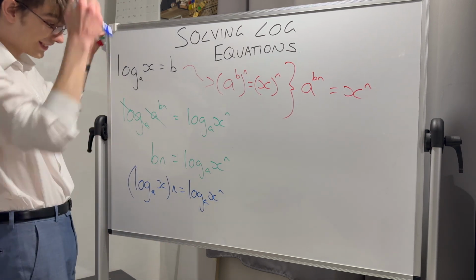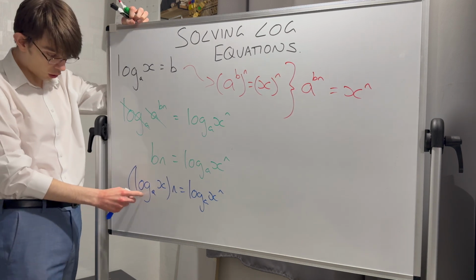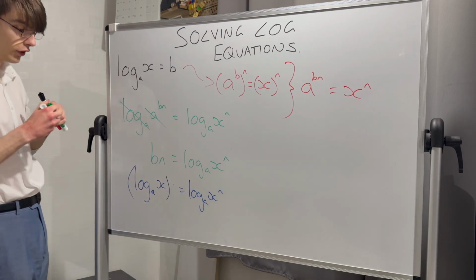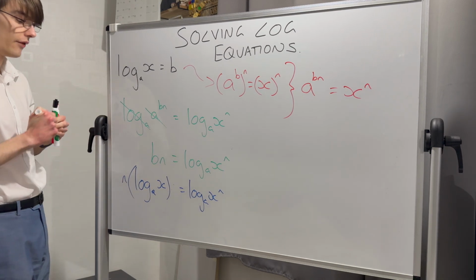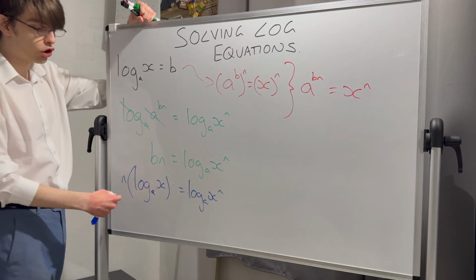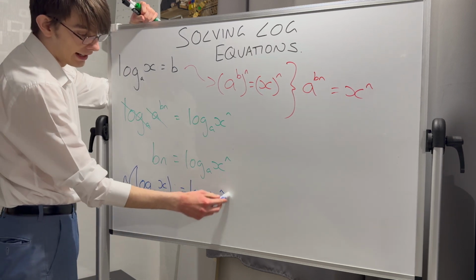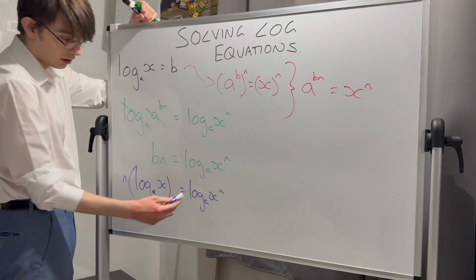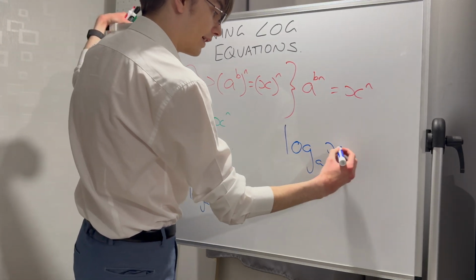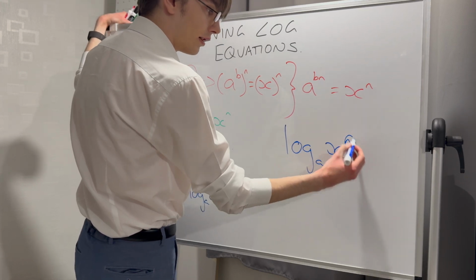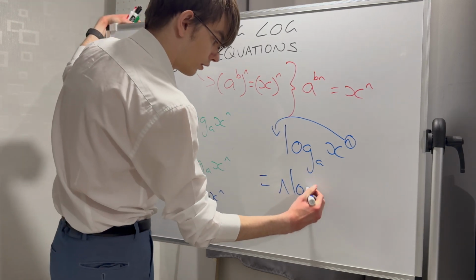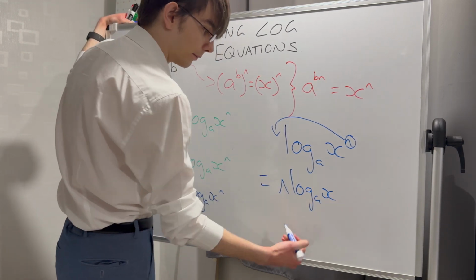And just by inspecting these, I have log base a x all times by n, so I'm going to put that n out in front just so it's a little bit clearer to see. Everything is multiplied by this n, is equal to log base a x to the n. Just by visualizing it, this n here has moved in front of my log. To write that out properly, log base a x to the n, this n has moved down here. And these are the same thing.